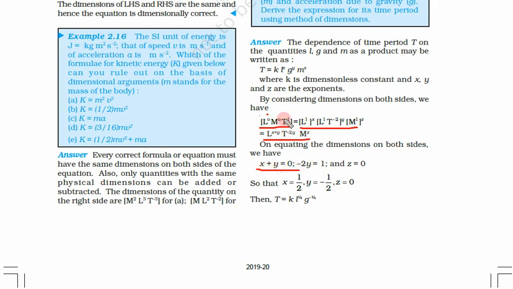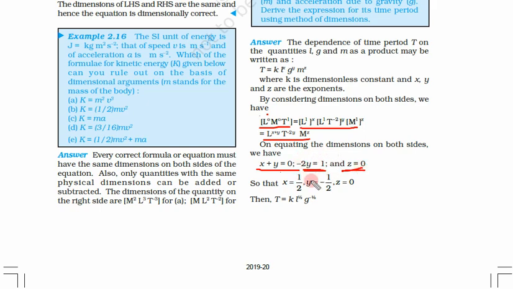Minus 2y must be equal to 1, because here we have 1, here we have minus 2y. And for mass, M to the power z must be equal to 0.